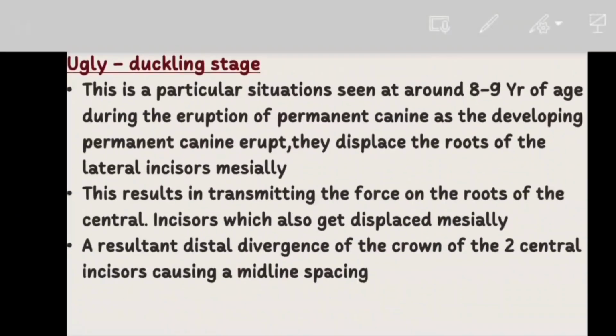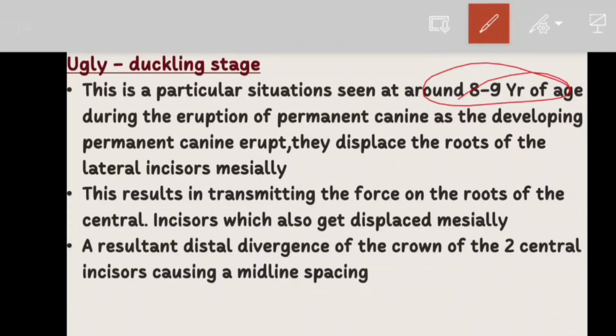In this third period you see the ugly duckling stage, which is very important and asked in exams as a short note. It is a particular situation seen at around 8 to 9 years of age. During the eruption of the permanent canine, the developing canine displaces the root of the lateral incisor mesially.